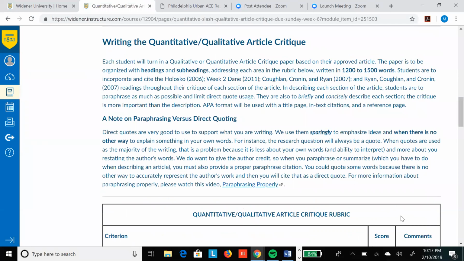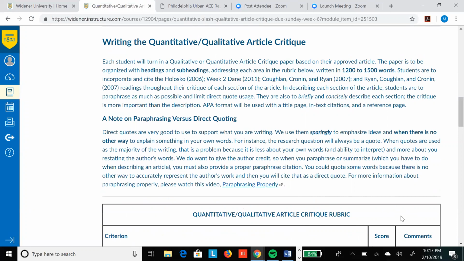The actual writing of the article critique: each student is going to turn in a critique based on their approved article. This is an academic, scholarly paper that should be organized with headings and subheadings, addressing each area in the rubric below, and we're going to get to that in a minute. The length of the paper should be approximately 1,200 to 1,500 words.